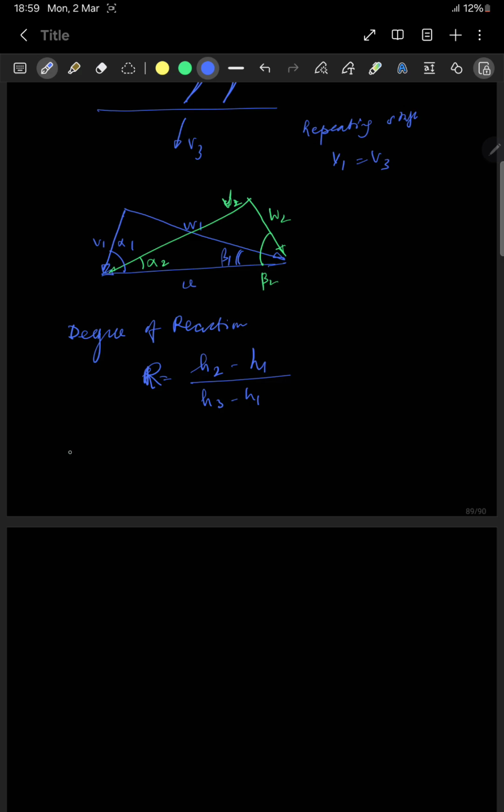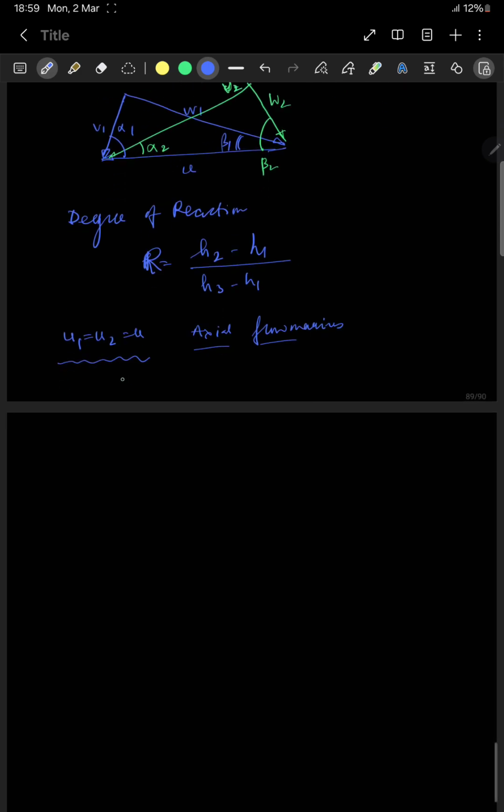A very important property for rotodynamic machines, where U1 equals U2 equals U, in axial flow machines: we have relative stagnation enthalpy, which is known as h0R.